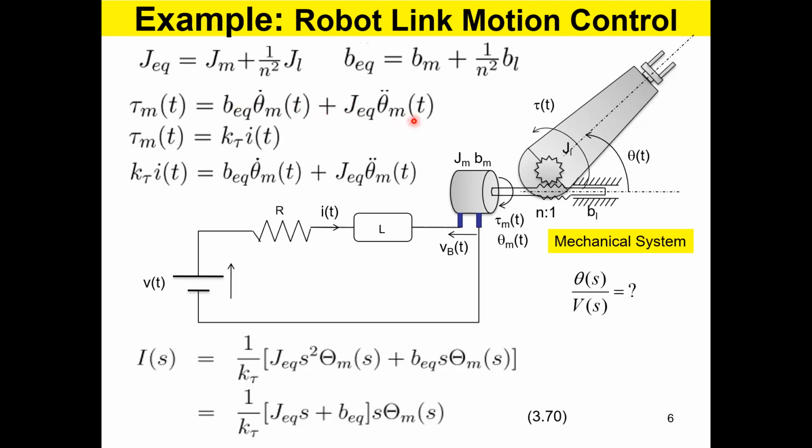And also the inertial torque, JEQ, equivalent inertia, times theta double dot m, if there's any acceleration. In order to exercise this acceleration, you need to generate this much torque. So this torque is used to maintain speed and accelerate further.